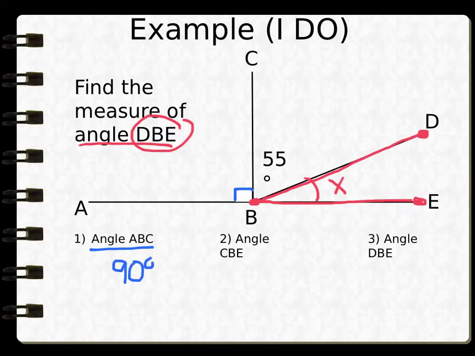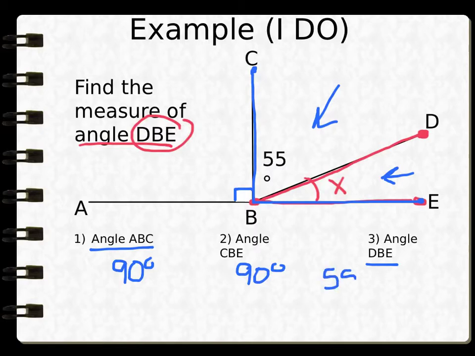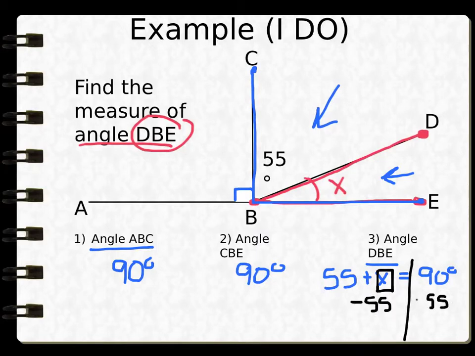Then step 2 says find angle CBE. And we know that that's also a right angle, 90 degrees. So finally, let's find angle DBE. And we know that these 2 angles are complementary because they add up to 90. 55 plus X is equal to 90 degrees. To solve for X, I box my variable, draw my railroad, subtract 55 from both sides, and I get that X is equal to 45 degrees. So angle DBE is 45 degrees.